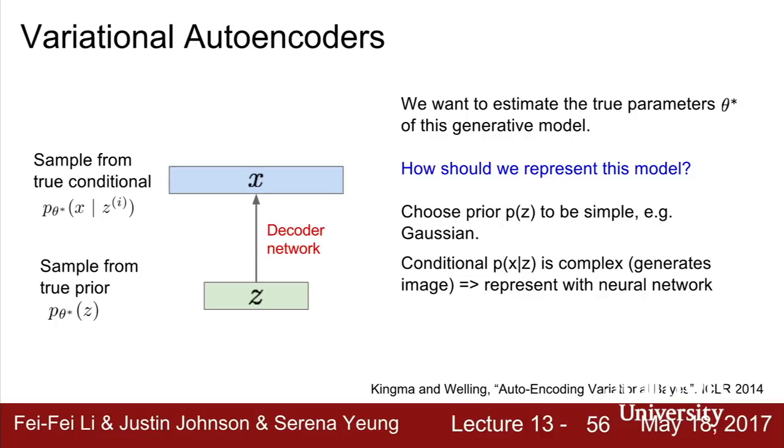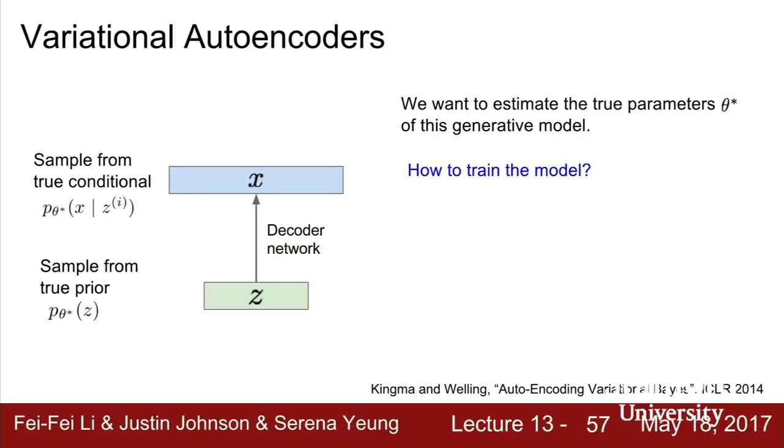And as we saw before, when we have some type of complex function that we want to represent, we can represent it with a neural network. So a natural choice is to model p of x given z with a neural network. And we're going to call this the decoder network. We're going to think about taking some latent representation and trying to decode it into the image that it's specifying.